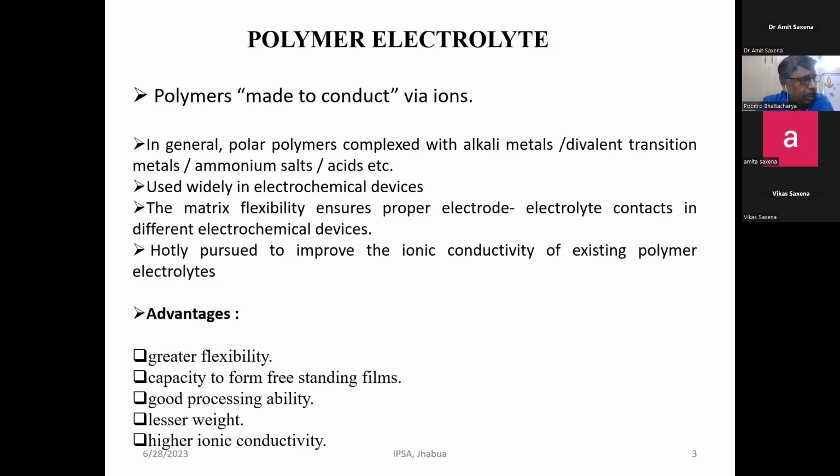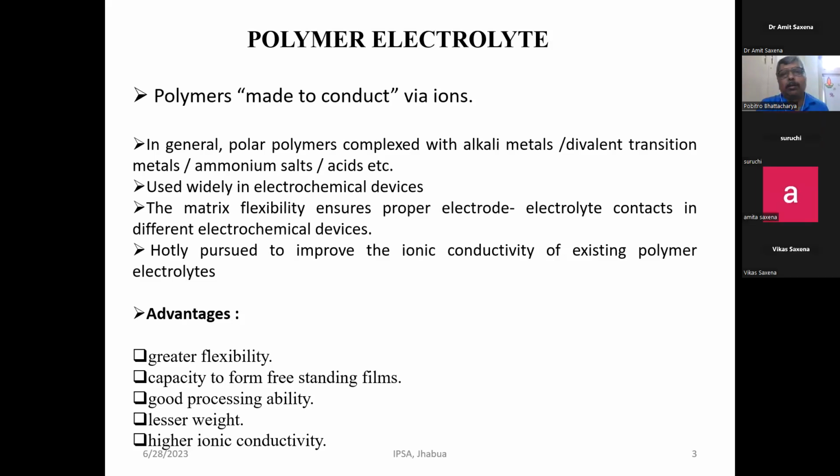In general, they are semiconducting polymers. Whereas if we can make the polymers conduct via ions, they work as electrolytes. So different polymers can be made to work depending upon our purpose, and we can modify them.